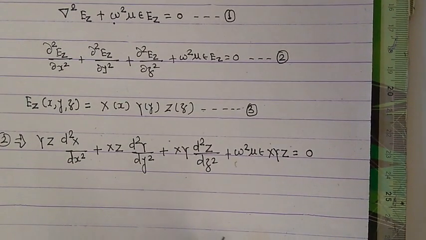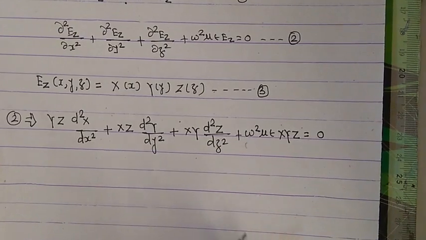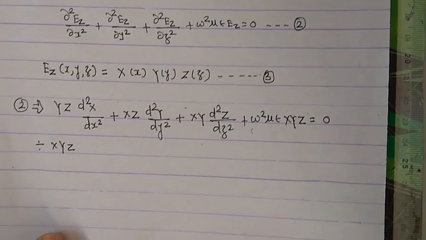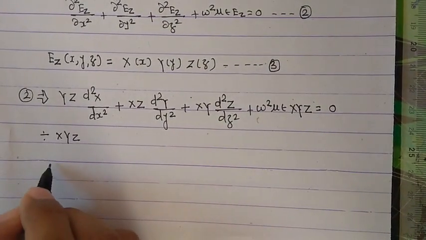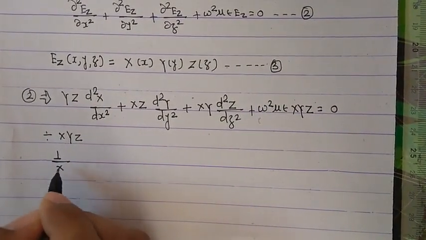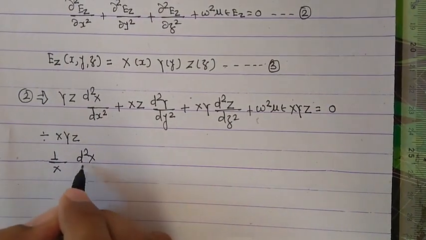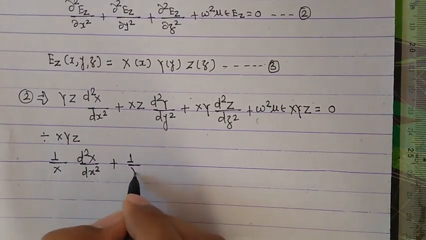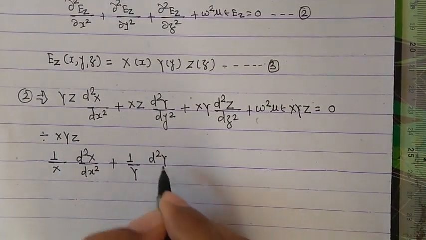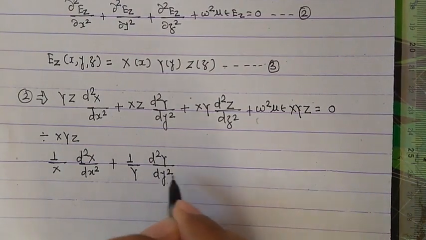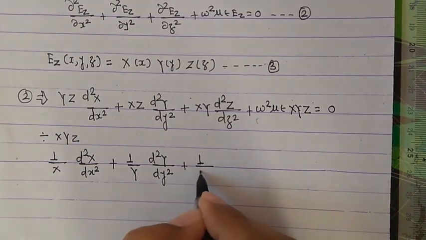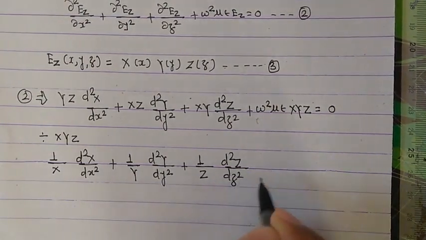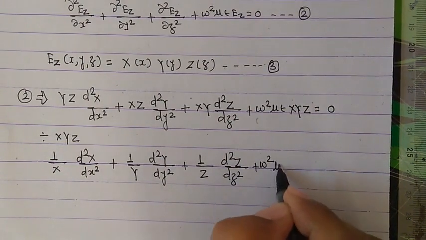Now let us divide this equation by X Y Z. So we have 1 by X d²X/dx², plus 1 by Y d²Y/dy², plus 1 by Z d²Z/dz², plus omega squared mu epsilon.